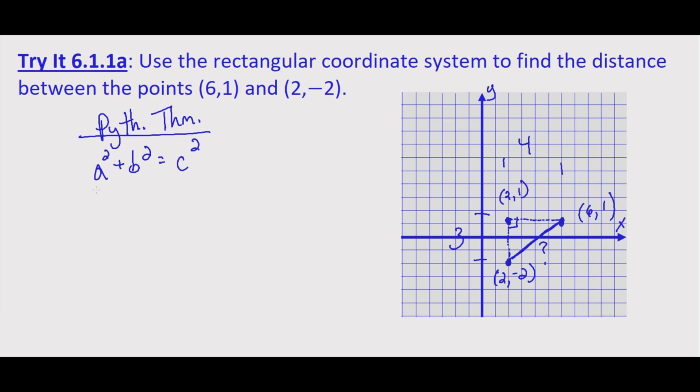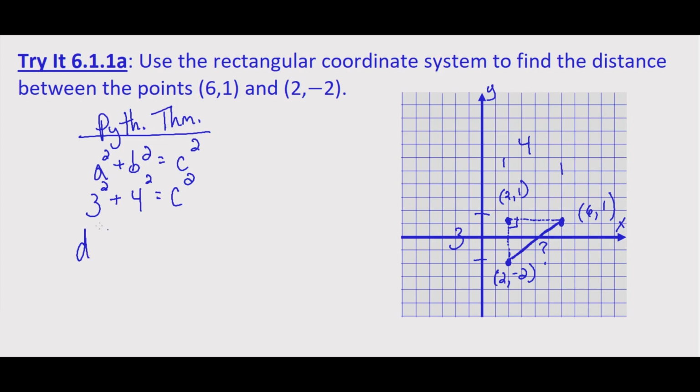So we simply substitute one side length for a, so 3 squared plus a side length for b, the other leg is 4 squared, equals c squared. Or we could go ahead and change the c to d since we're looking for distance.